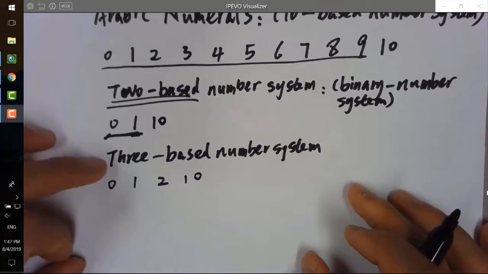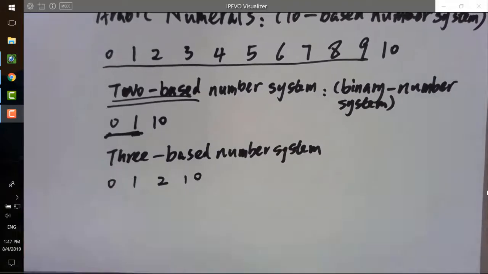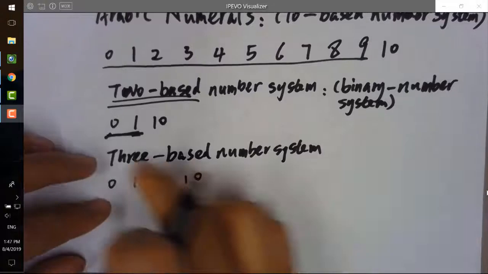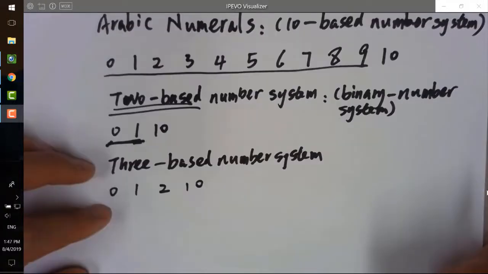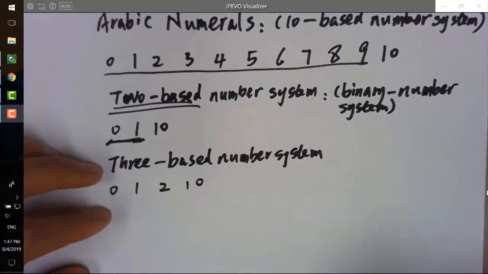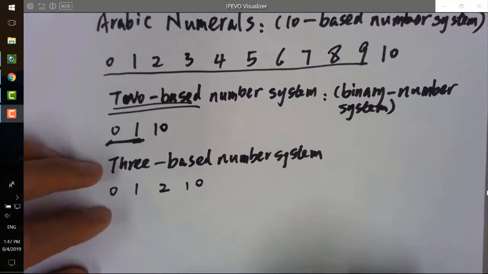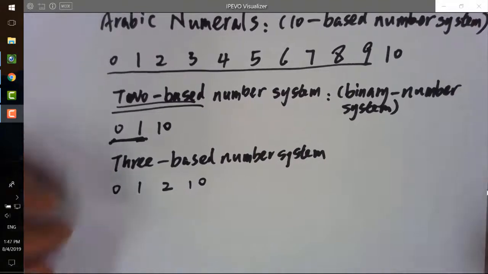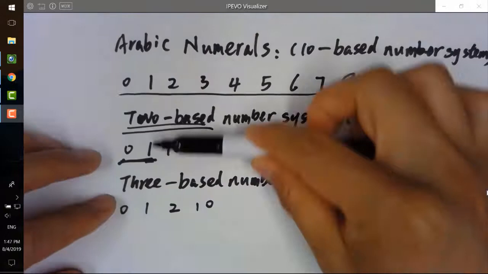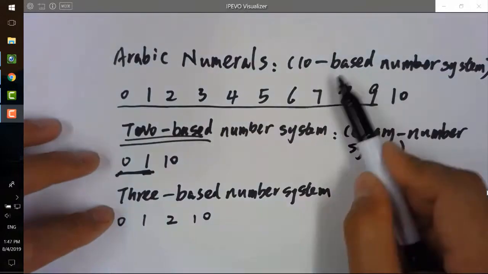The answer is yes. You can have billions or whatever you want using any of these number systems. You just use a different strategy for your carry. That's the only difference between these number systems and the 10-based number system.